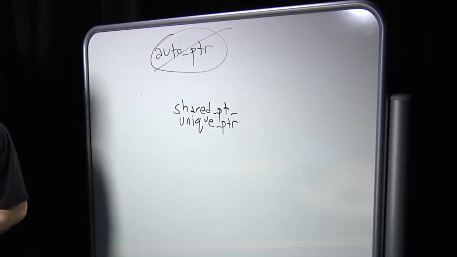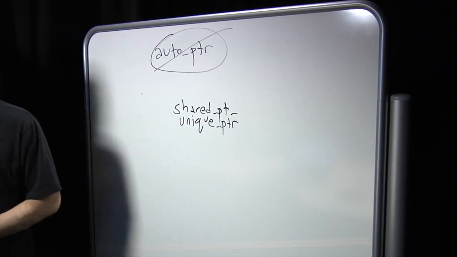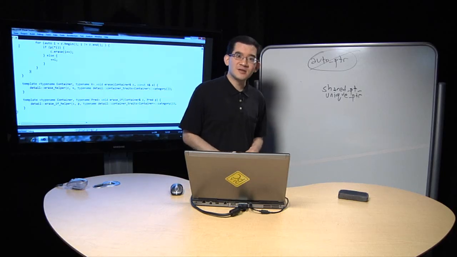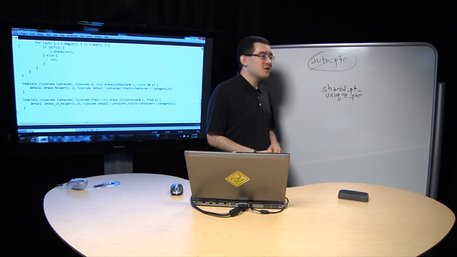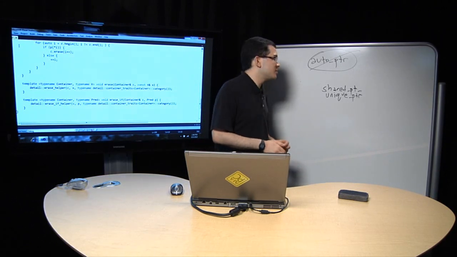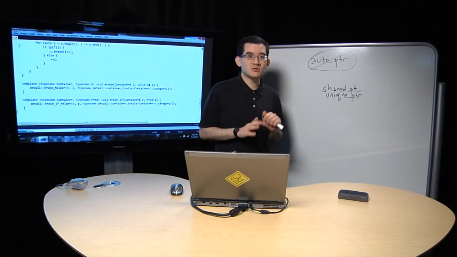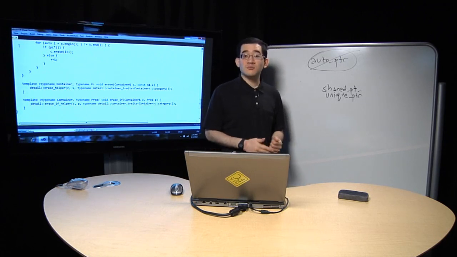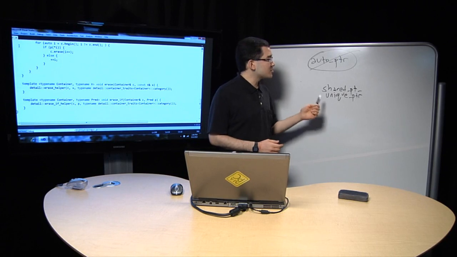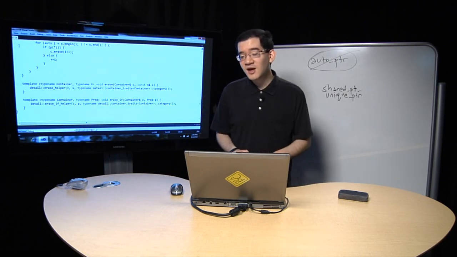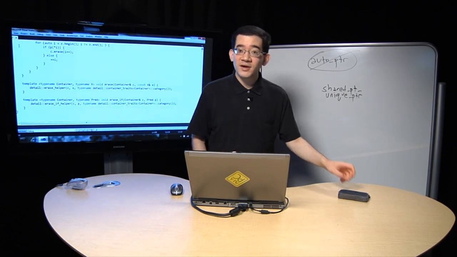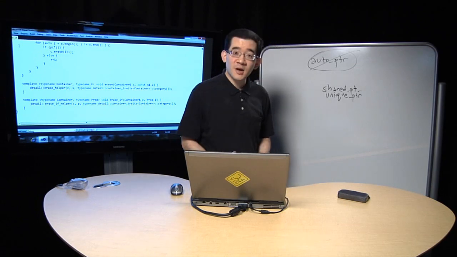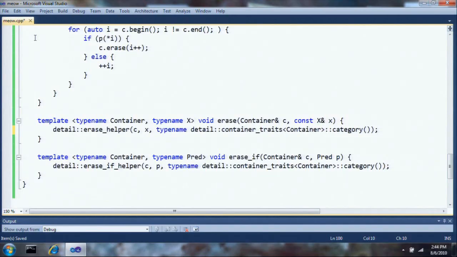It has severe flaws. Although it can be used properly, it's sort of a minefield, and it will bite you when you are least expecting it. In particular, it has a mutating copy constructor, which is very evil. You can think of unique pointer as auto pointer done right. Thanks to C++0x's rvalue references, unique pointer avoids the pitfalls of auto pointer. So I'm not going to talk about auto pointer at all. To me, it's dead. Instead, we're going to be looking at unique pointer.